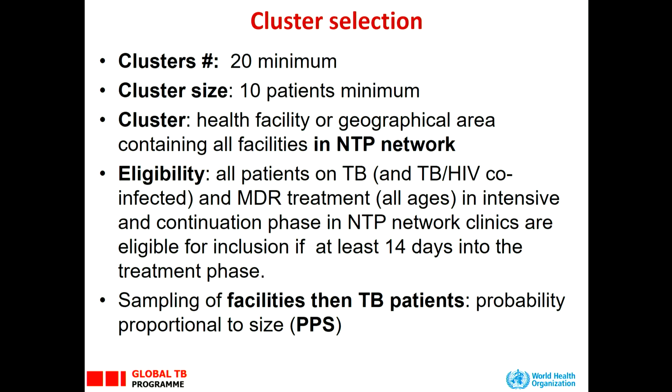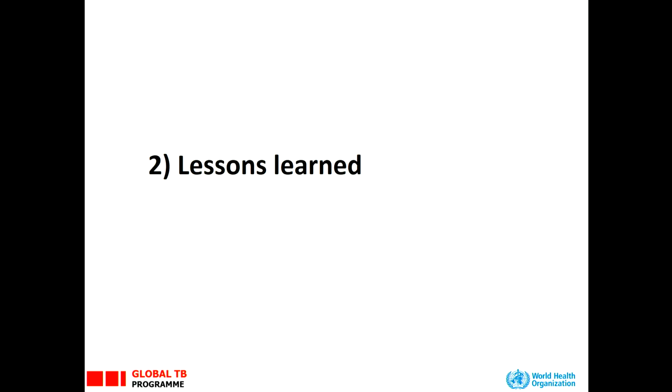And as I said, it's facilities within the NTP network, and all the patients are eligible, provided that they have been on treatment for at least 14 days. And the selection of patients within the clusters is done proportional to the number of notifications in the year prior to the survey.